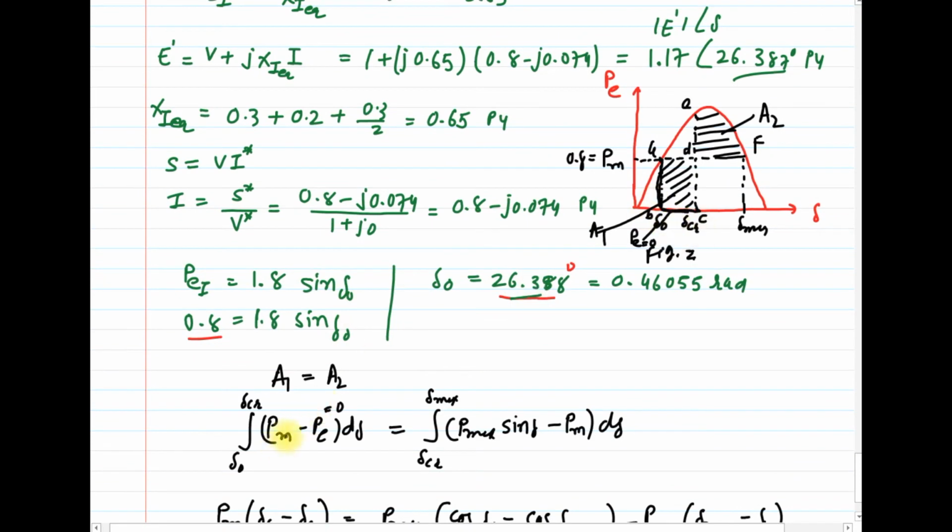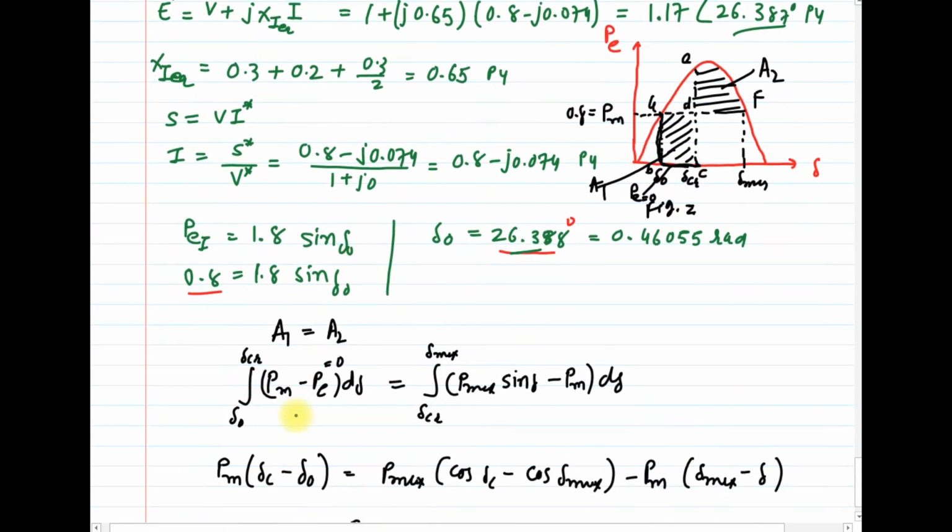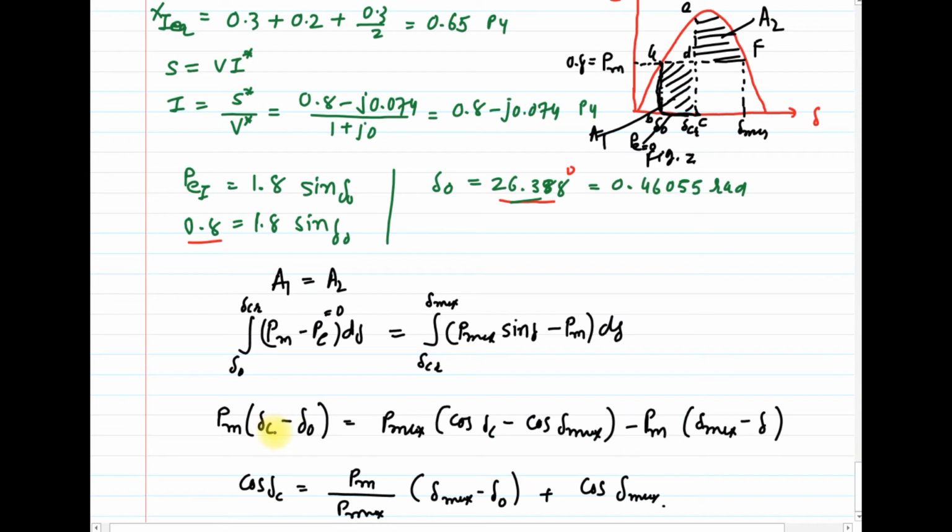Yes, you can consider delta CR, not delta C. So you can calculate the delta CR, which is the clearing angle.